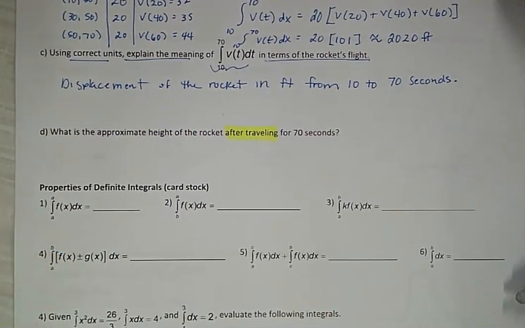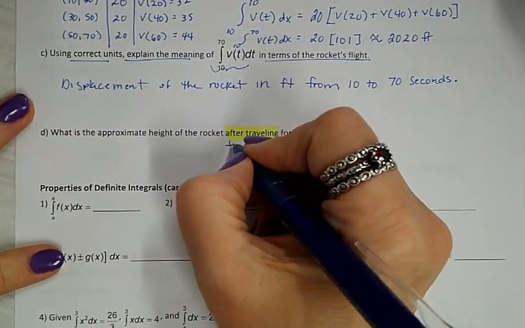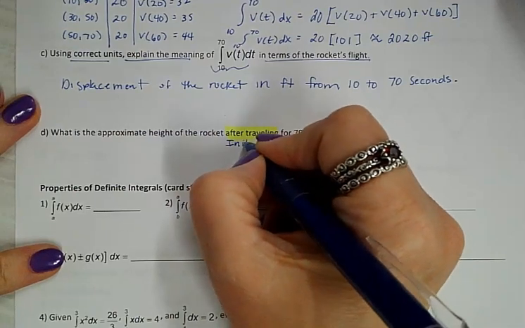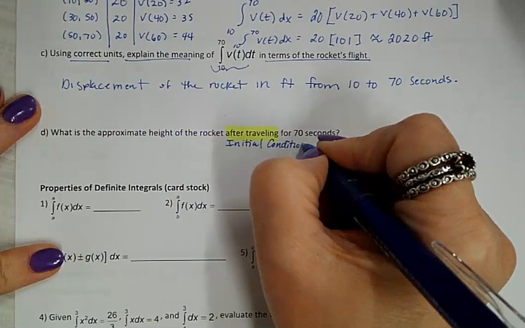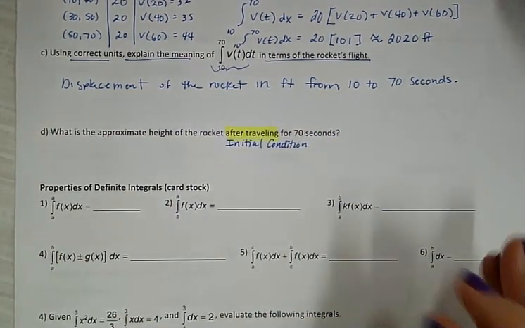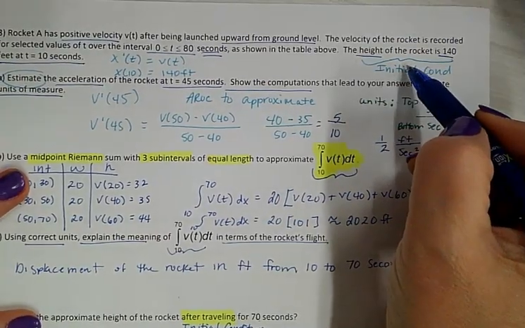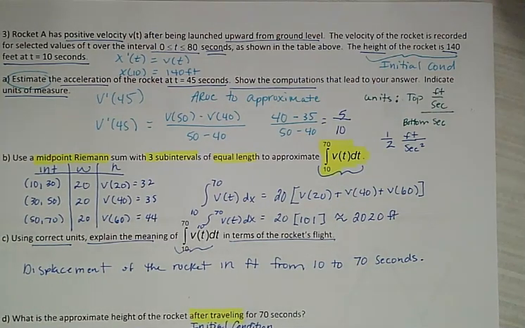That means we have an initial condition. After traveling means we're dealing with an initial condition, and that initial condition we got from the original problem. Remember up here when we calculated, I told you to mark this as an initial condition so that you would not forget it was there.